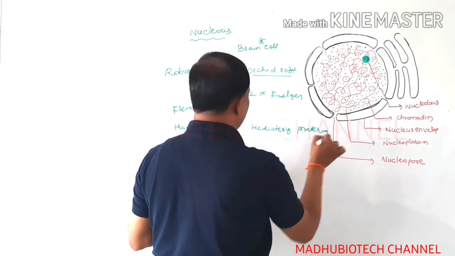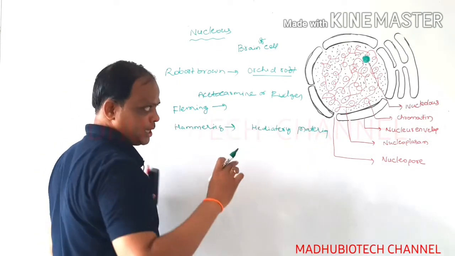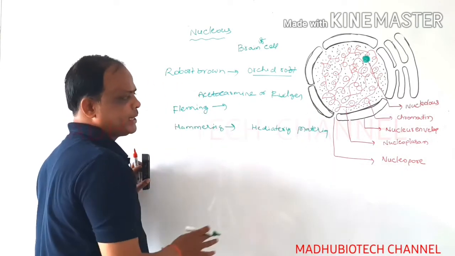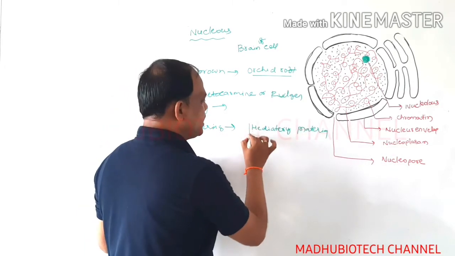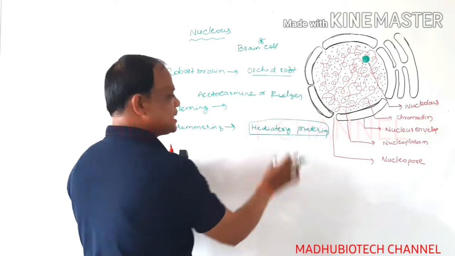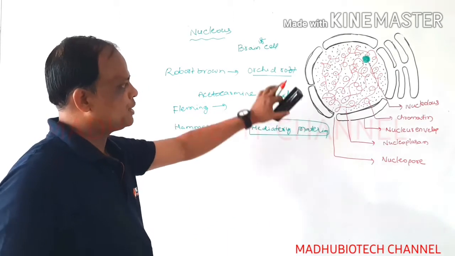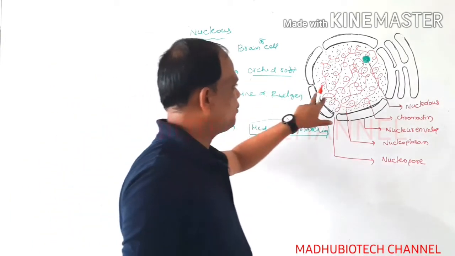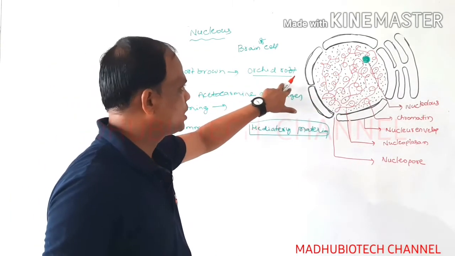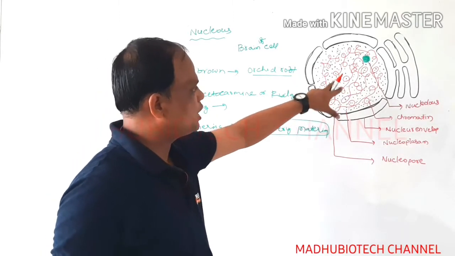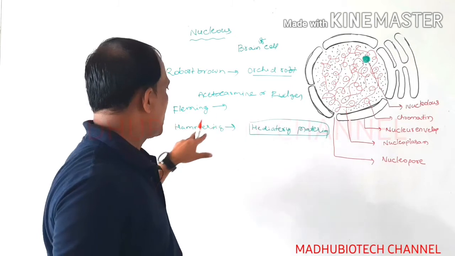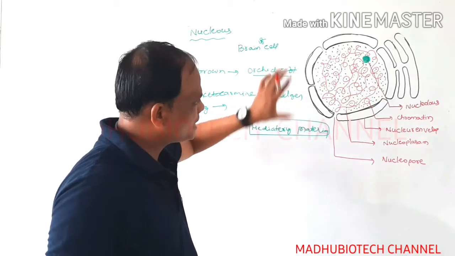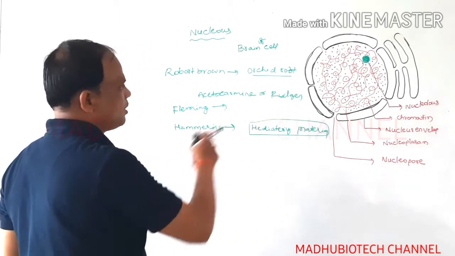He did experiments on the alga Acetabularia and proved that the nucleus is the hereditary material of the cell. So, Robert Brown discovered the nucleus in orchid roots, Fleming identified the chromatin threads, and Hammerling showed the nucleus is the hereditary material. This is the history.